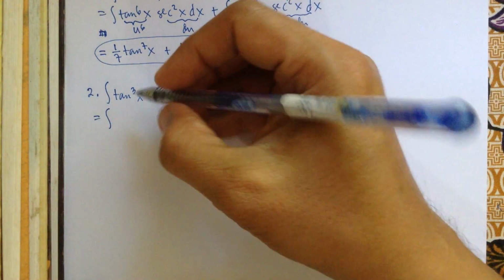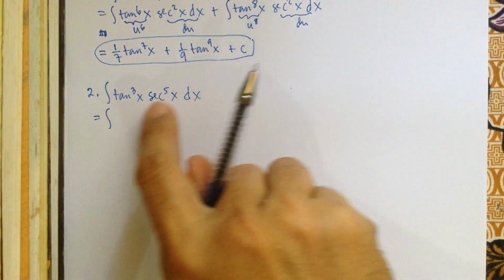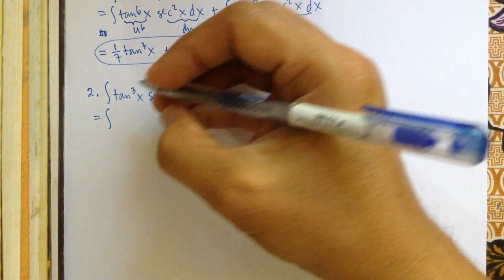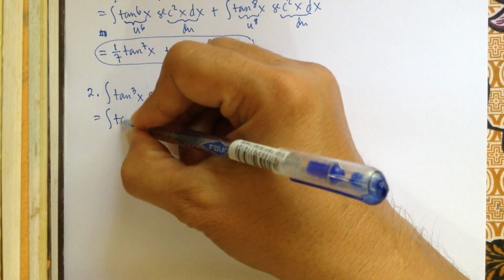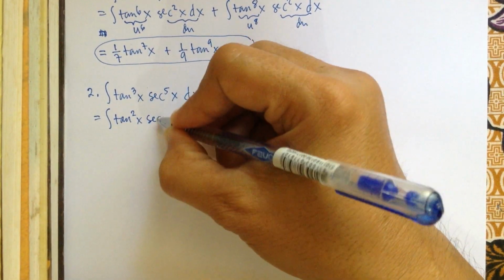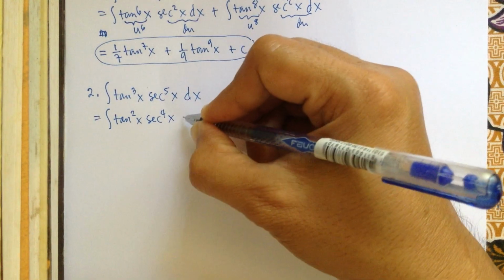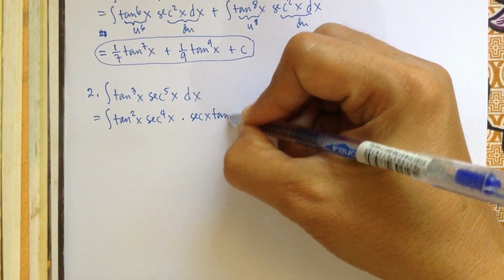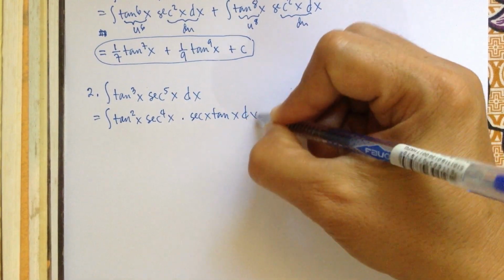Okay, so if we separate a factor from tangent and secant, then we have secant x tangent x, which is our du. So that means that we'll be left here with tangent squared x, while this one will be left with secant to the 4th x, and then your du, which is secant x tangent x dx.